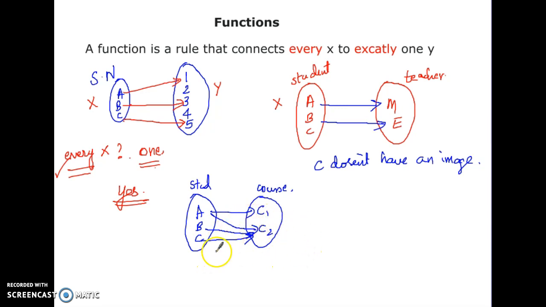In this case, this is not a function because A has 2 images or y's. So I think I've given you enough examples for functions.